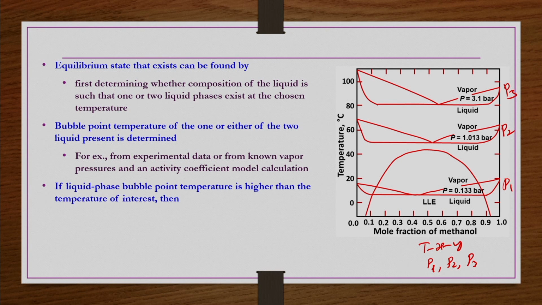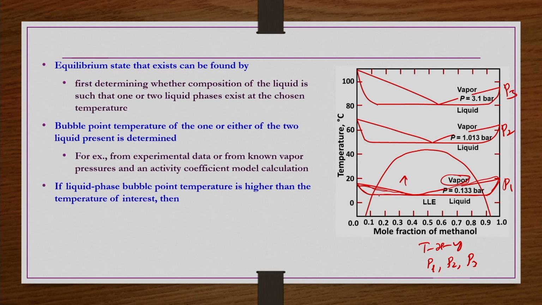Then if the liquid phase bubble point temperature is higher than the temperature of interest, now this is the VLE, so let us say the VLE part, if you take this part, right. Above this one we have the vapors here, okay.